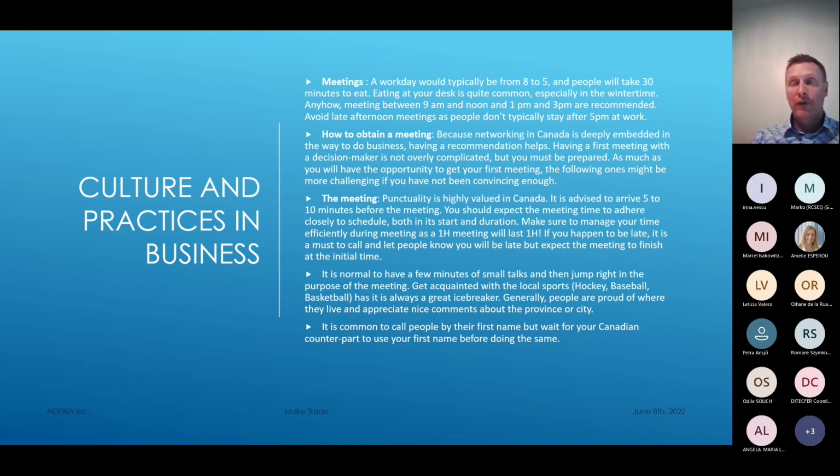And if you have an issue, you're stuck in traffic, your previous meeting was longer than expected, it doesn't matter what the reason is, if you're late, you have to make sure that you send a message to the person, either talk to them in person, send them an email, or have someone relay the information. Otherwise, people will not appreciate that at all.